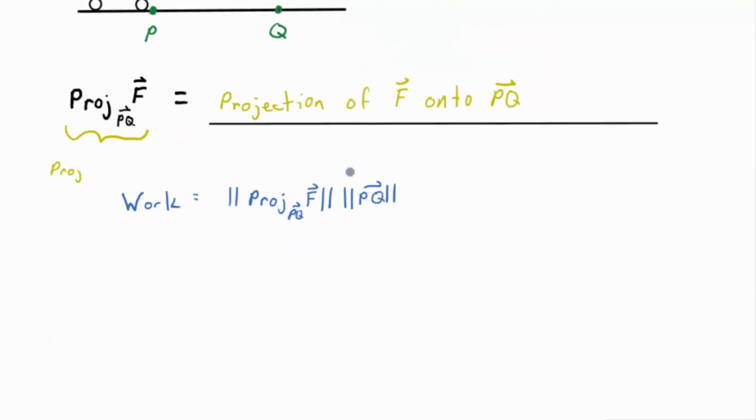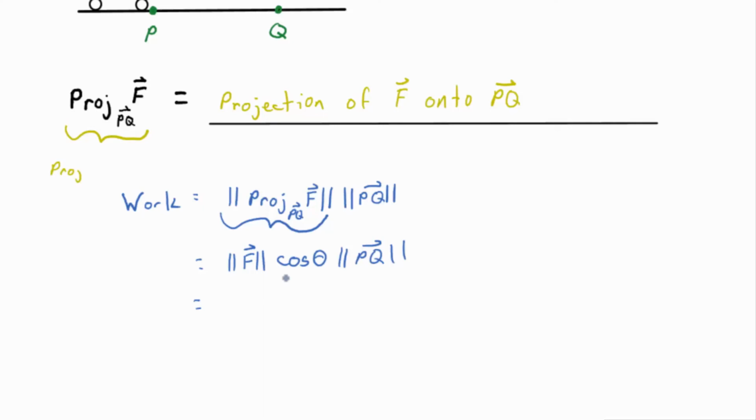So what? Well, I'm going to put that result right in here. So it's the magnitude of F times the cosine of theta times magnitude PQ. That's a work formula. All of these factors are just regular real numbers, regular multiplication.